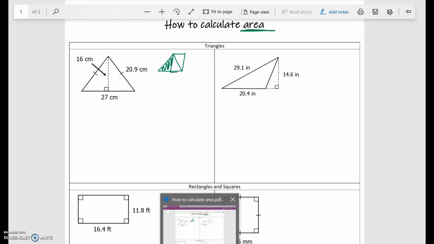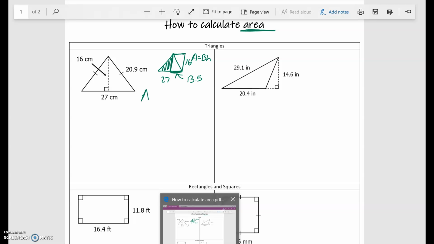But that original base is halved. If this original base was 27, to find the area of a rectangle, which we know is base times height, we take 27 and divide it by 2, and this height right here is 16. 27 divided by 2 is 13.5, which is that length right here, and we multiply those 2 together.